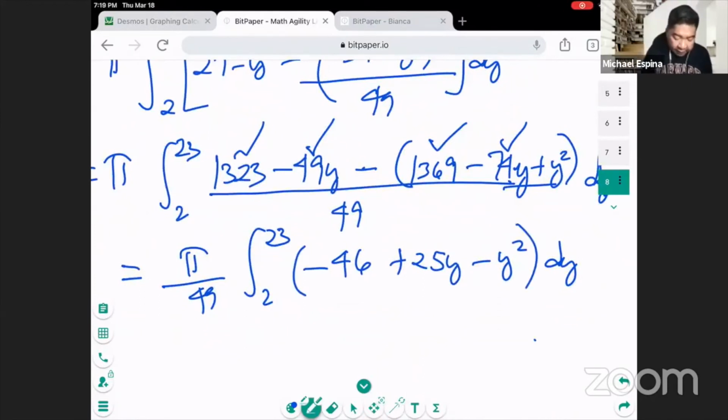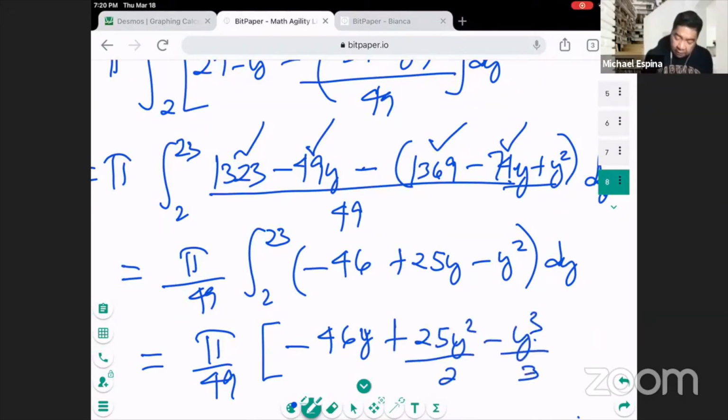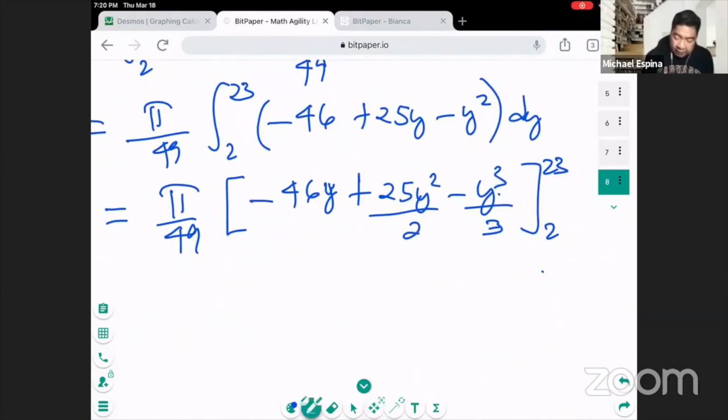Okay, so we can take the integral of this. It's easy. It's a power rule. So pi over 49, negative 46y, right? And then this one is 25y squared over 2 minus y cubed over 3. And that is from 2 to 23. So let's substitute the limits, the upper and the lower limit.